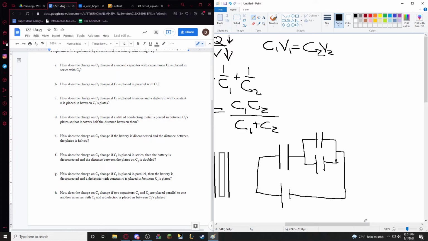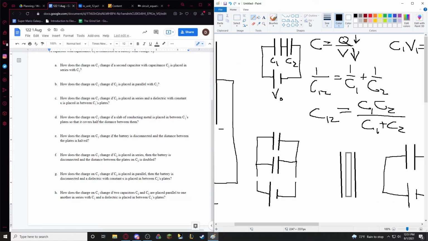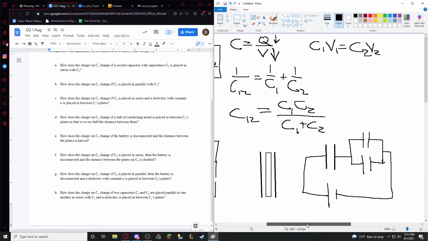We did this exact same thing for the very first problem. When we have a new capacitor introduced that's in series with the original one, the voltage across the original capacitor has to decrease because a second capacitor is in series. So that means the charge has to decrease. And then you place a dielectric between C1's plates.